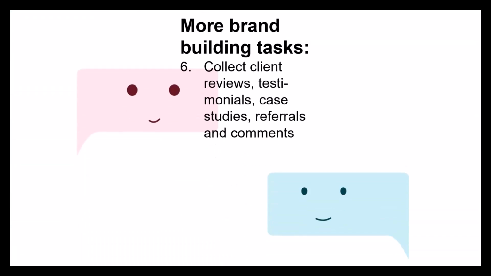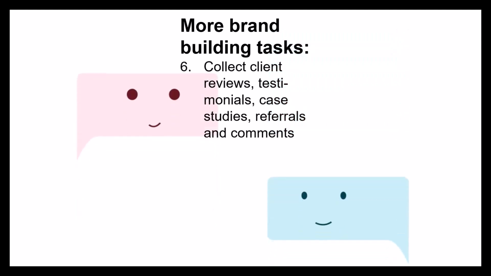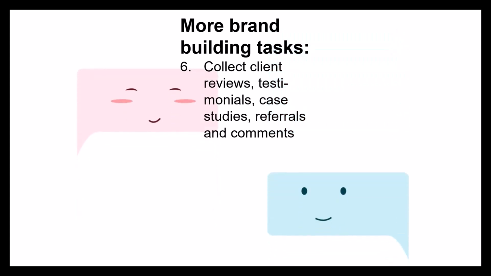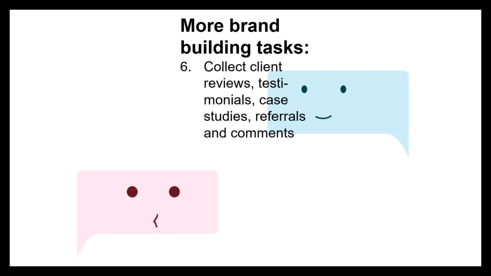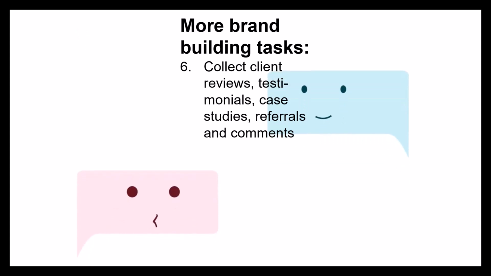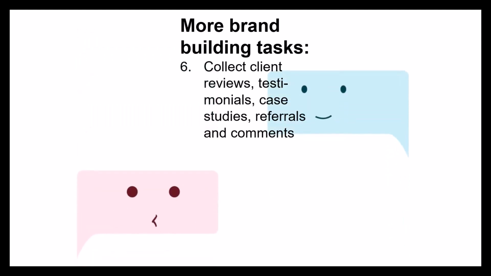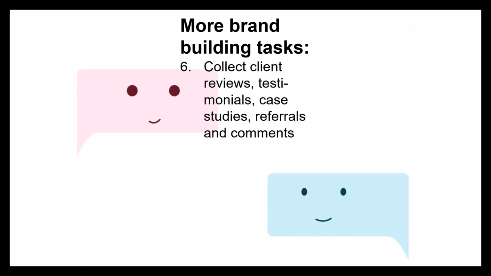Task number 6, AI is looking for impartial third parties, not just taking your word for it. They want validation of your expertise and your business success. And it's looking for data wherever possible. So ask for reviews, testimonials, referrals, and thoughtful comments that mention you and your brand if possible.